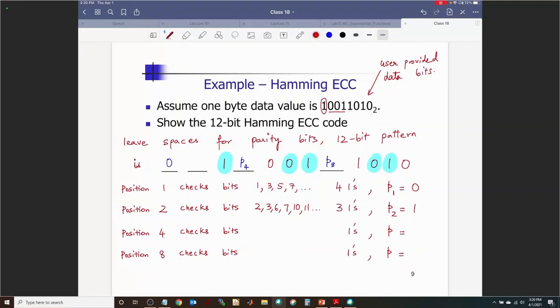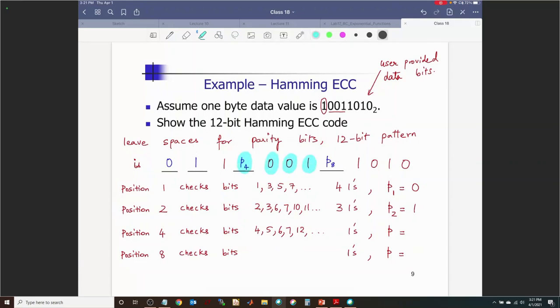Erase and put it in. For 4, what is that going to check? This is going to be 4, 5, 6, 7, 12, blank, blank, blank. What are the bits there? So let's start with 4. 1, 2, 3, 4.